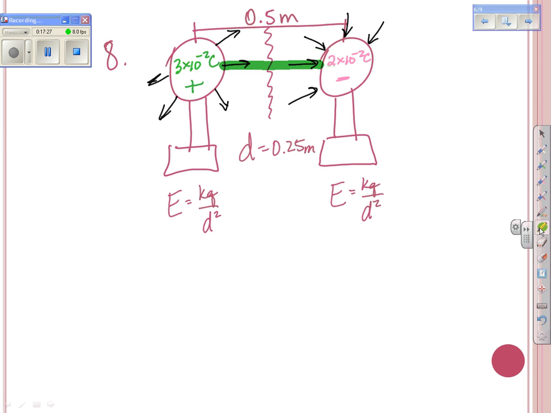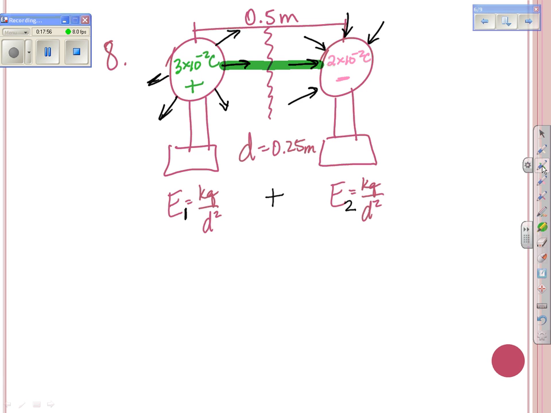If vectors are pointing in the same direction, what do we do to them? Hopefully you said we add them, Miss C. So once you find this electric field and this electric field, you add them together because they're both pointing in the same direction.